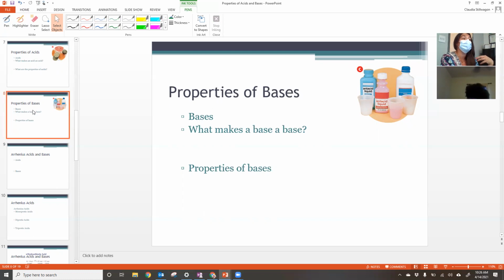Okay, typically a base will contain hydroxide. Or they take a hydrogen from the acid. Okay. So they're either going to contain hydroxide or they take hydrogen from the acid.